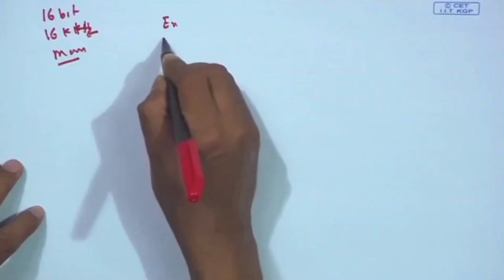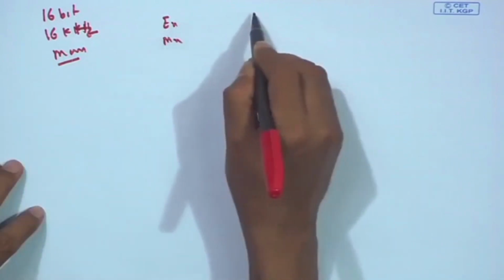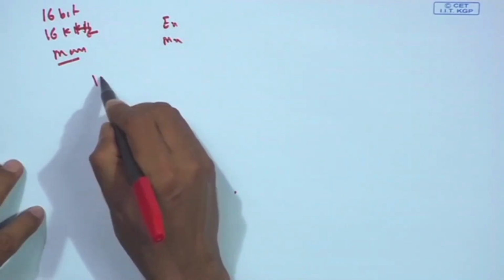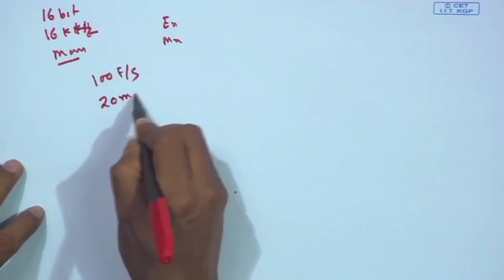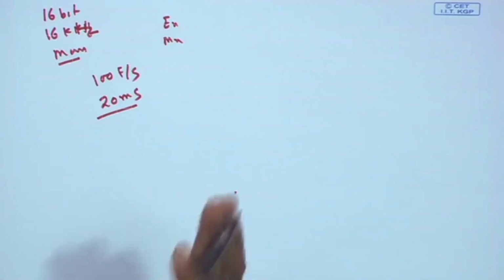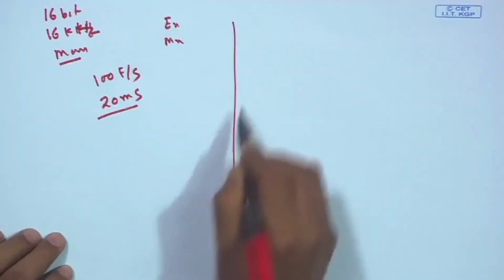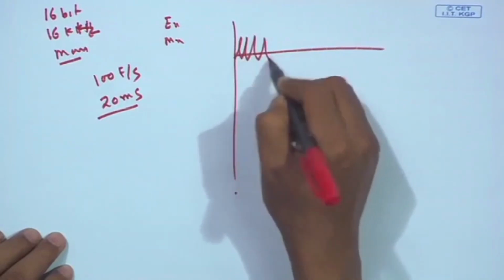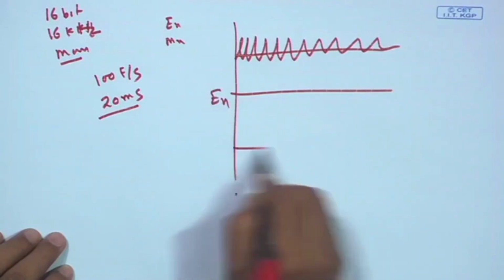Then find out the values of E[n] and M[n] at the rate of 100 frames per second, with a 20 millisecond window length and a 10 millisecond frame shift. Then plot three signals: first your recorded signal, then E[n], then M[n].